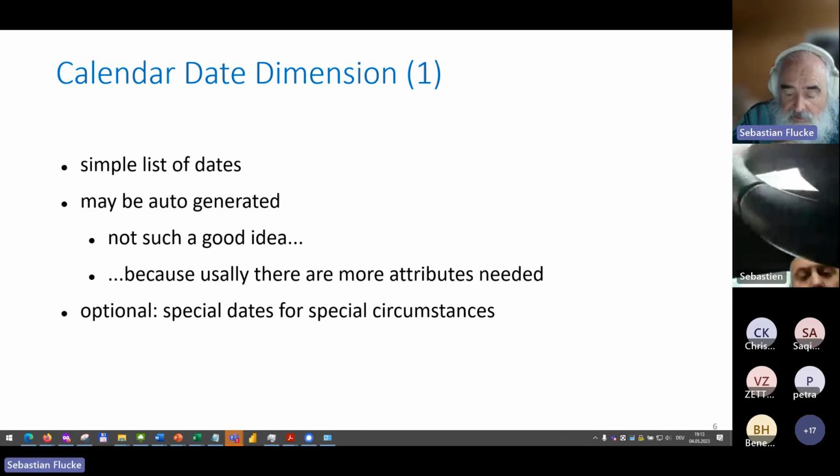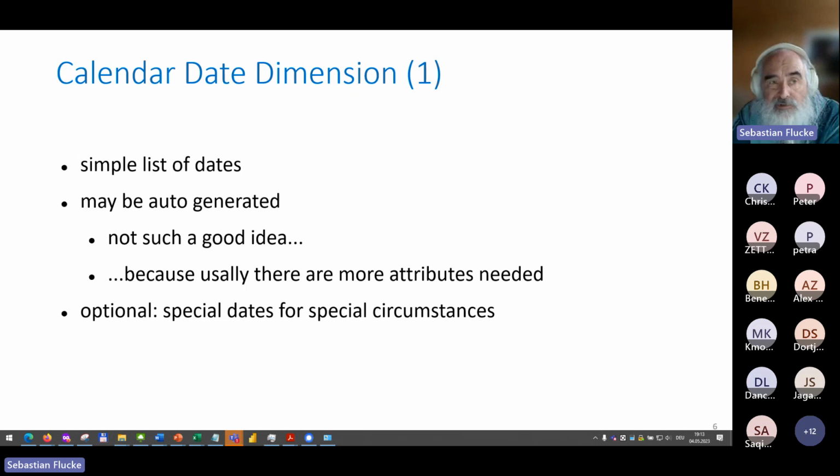That is a next point which can be interesting to you. And because such information doesn't change over time, it's usually quite easy to pre-calculate such special dates, such special circumstances, and give them some additional attributes in our time dimension.